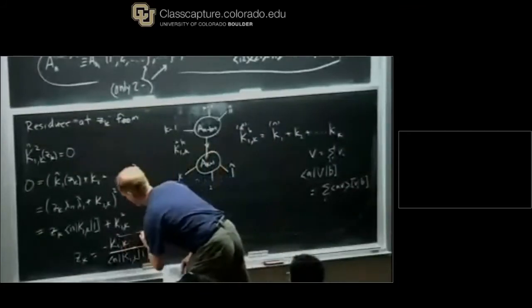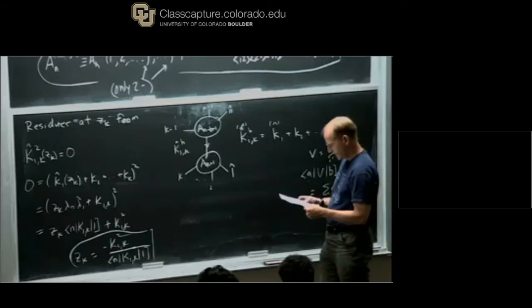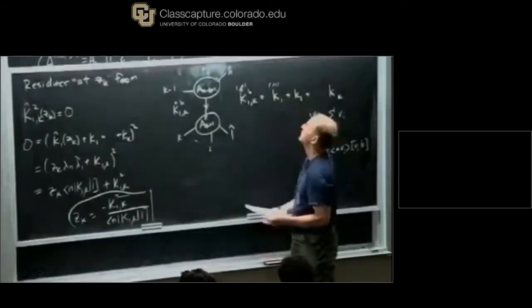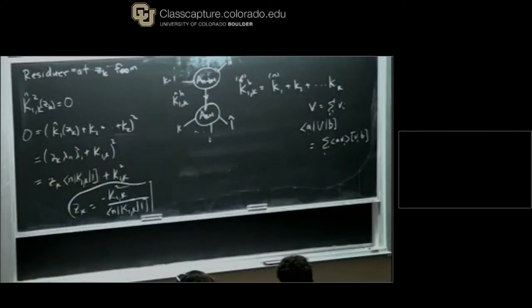So now we know where the residue is, and we just need to calculate the residue using the formula over here. These guys are going to get evaluated at the shifted momentum, evaluated at z_k, and the last thing we need to do is, this thing in complex kinematics vanishes, and that's what's going to give us our residue. We also had a factor of z in the denominator, so we need to multiply z by K squared.